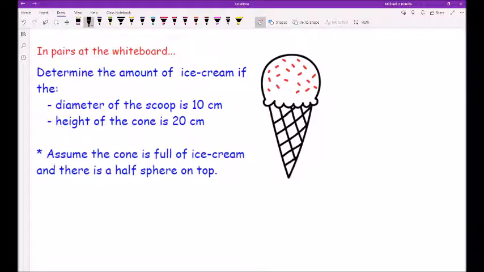So what two shapes do we have here? What's our two shapes in this question? So we always figure out what shapes you have and then whether you're going to add them or subtract them. You have a cone, good, and a half sphere. Good.